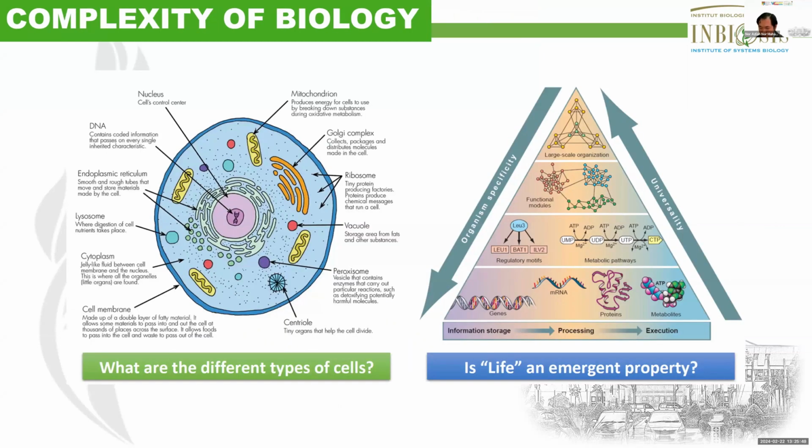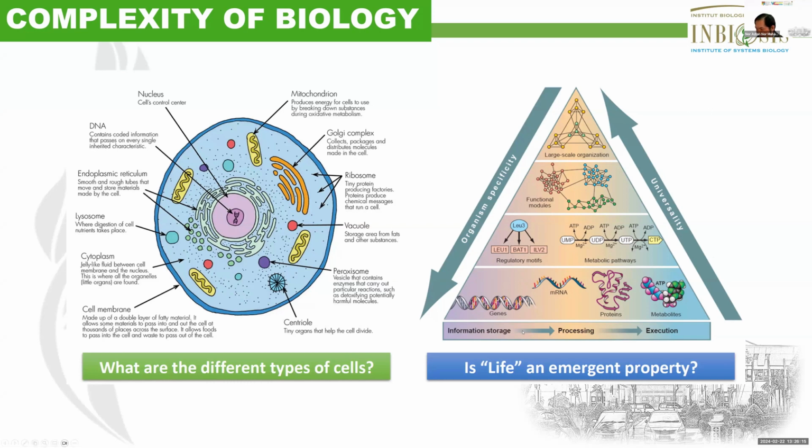And as we all know, biology is very complex. For example, on the left is just some of the different components of a single cell. And as we know, there are multiple cells if we are talking about higher organisms such as us, humans. On the right is basically the relationship between all these different things.